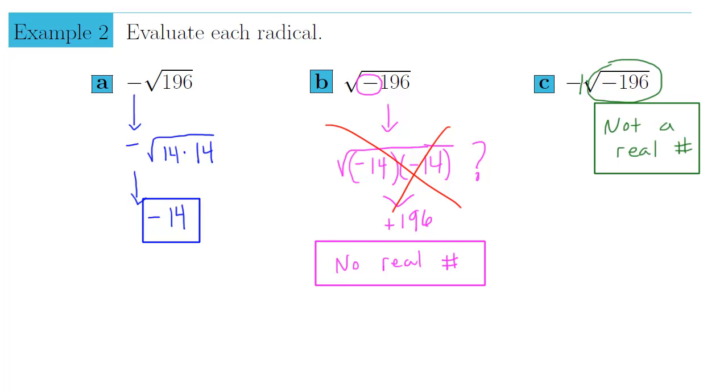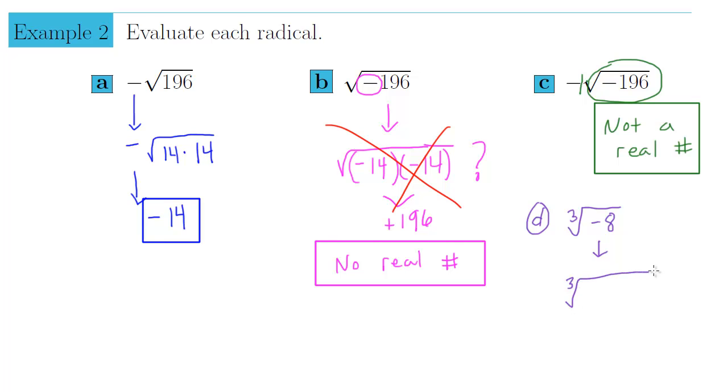I want to add in one more part to this example because, as you see, we've talked about negative signs in square roots, but we haven't talked about negative signs in other roots. So for example, if I wanted to evaluate the cube root of negative 8, what happens? In this case, because it's a cube root, I'm looking for 3 identical factors inside of this negative 8.